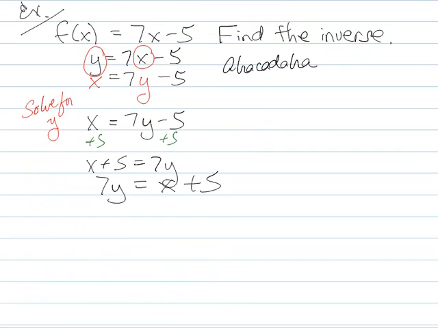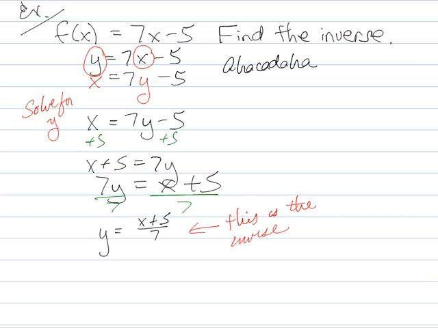And then divide both sides by 7. Y equals x plus 5 over 7. Believe it or not, this is the inverse of f of x.